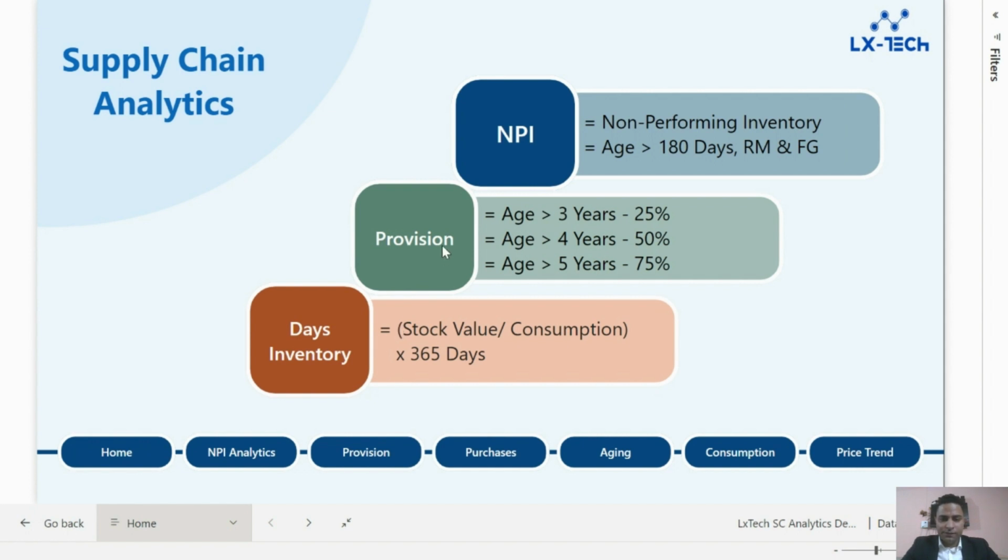And then provisions, so that we take action on inventory movements that are already old, so that we reduce our provisions in the coming time also. And then non-performing inventory. Both are the same actually. Non-performing inventory is also something that is going into provisions, so that we can control that.